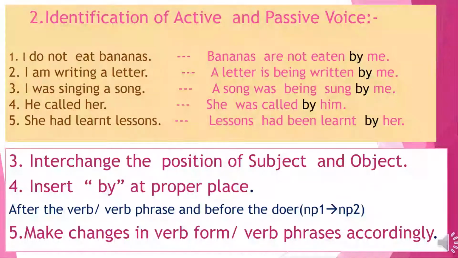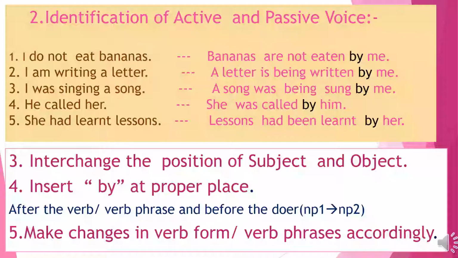So my dear friends, according to the tense and verb we need to change some words, which we will learn in the next video. But now I hope you have understood the process according to which you can change the voice.